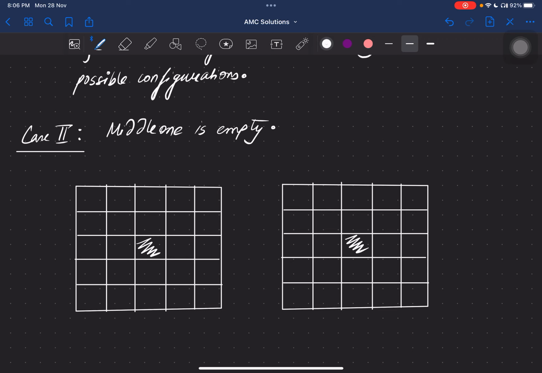So we can't have three neighbors. Sorry, let me correct: this is empty but this is filled, so we want three neighbors.